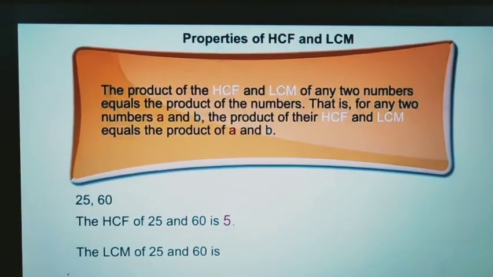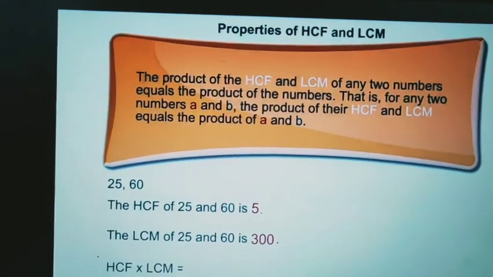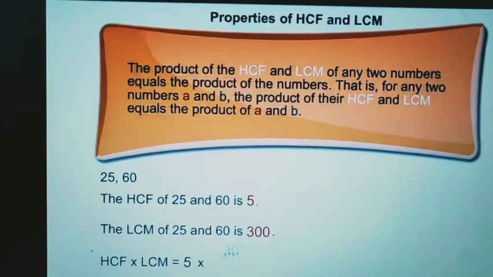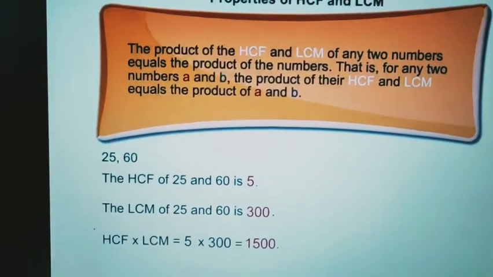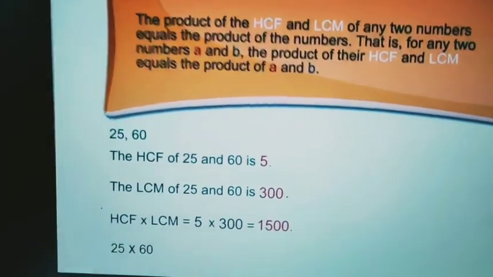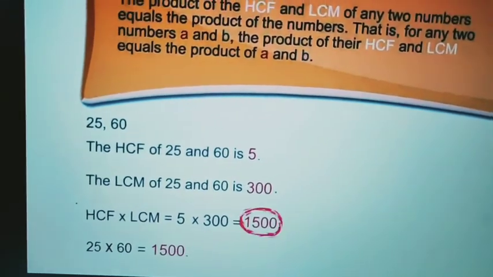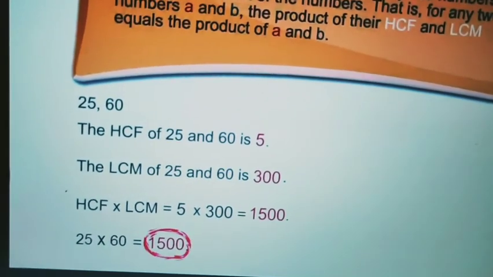The LCM of 25 and 60 is 300. The product of the HCF and LCM equals 5 times 300, which is 1500. The product of 25 and 60 equals 1500. Thus, LCM multiplied by HCF equals the product of the given numbers.